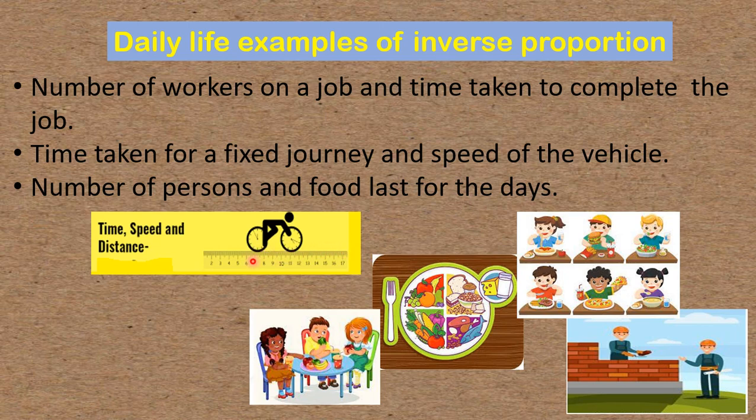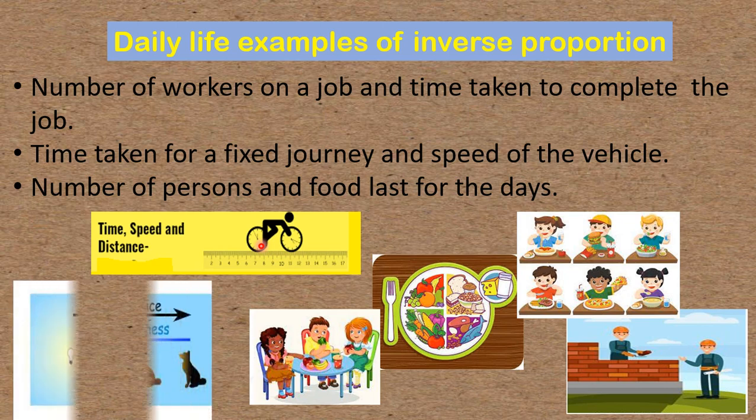So all these are examples from daily life of inverse proportion, when two quantities are related in such a way that one quantity increases and the second accordingly decreases, and if one decreases, the second accordingly increases.